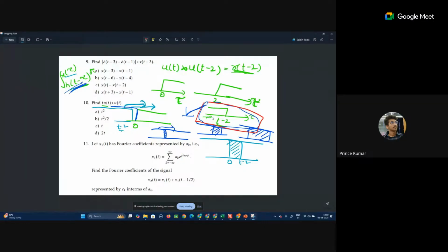When we multiply, it gives 1, right? And the area is also 1. So integral of, you are telling this will be 1, right? I mean, x of tau will be 1, h of t minus tau also will be 1, right?